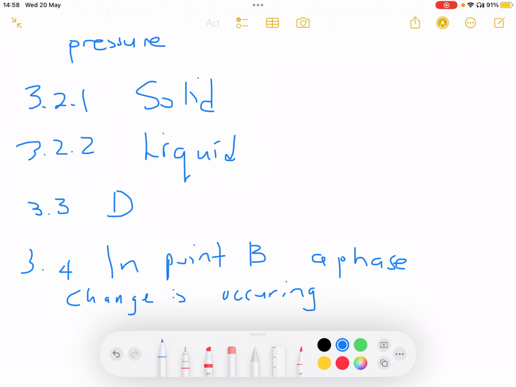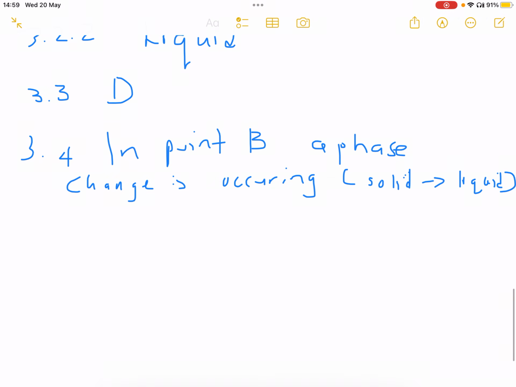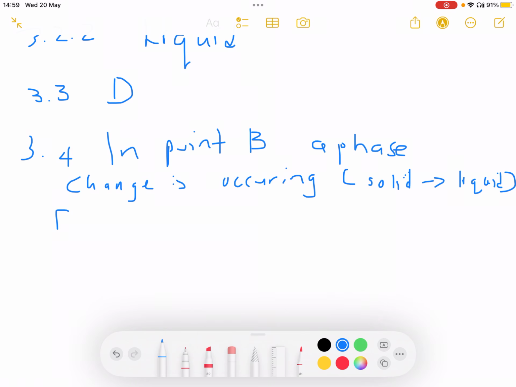With that being said, we're at the transition of moving from a solid to a liquid. So either way, you write it like this, or you explain it the way I'm saying it. And that phase is called the melting point.